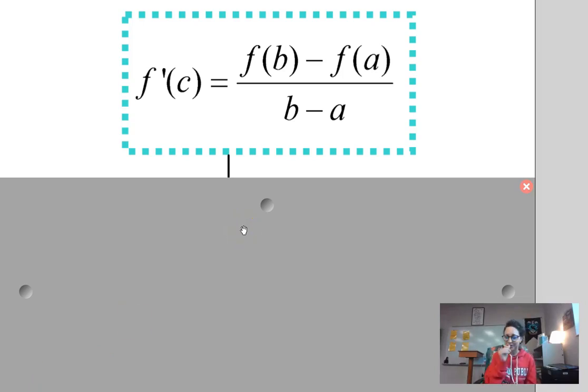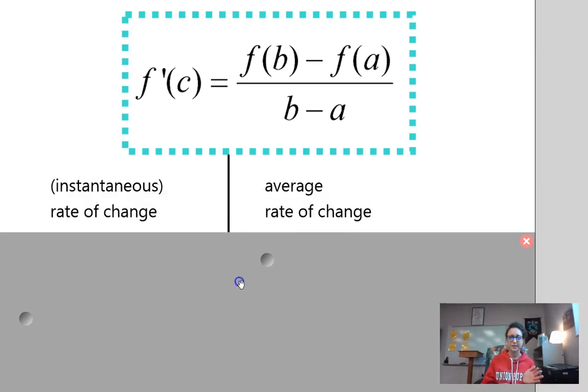Okay, all right, well, you go ahead and write that equation for me in your notes one more time. And I'm really going to get some good terminology here for you. So under the c, I've kind of divided this up, f prime of c gives me the instantaneous rate of change.